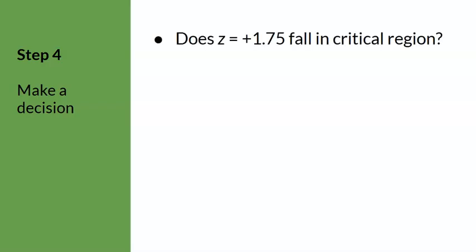Step 4. Now we need to make a decision to determine whether the study worked or not. In this step, we will compare the sample Z-score calculated in step 3 to the population prediction determined in step 2. In other words, does the Z of plus 1.75 that we calculated in step 3 fall in the critical region Z from step 2?